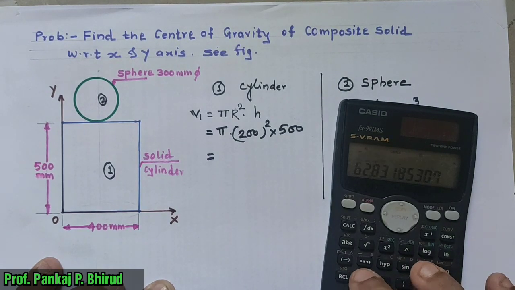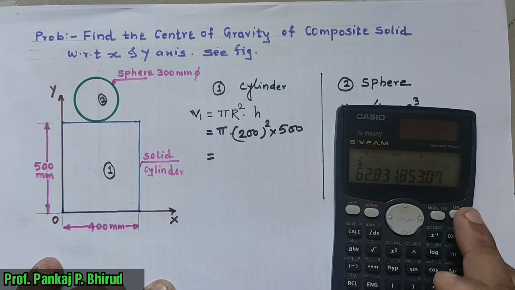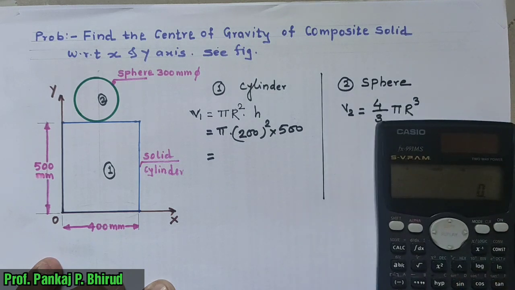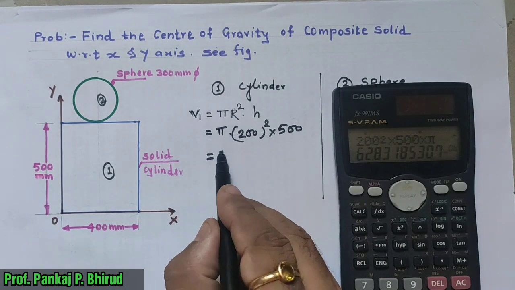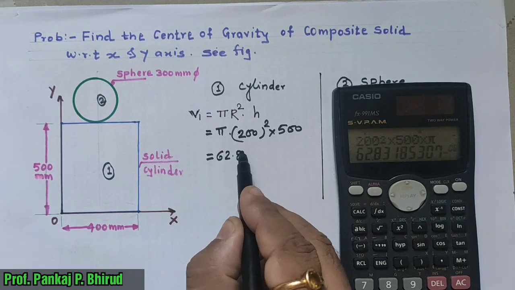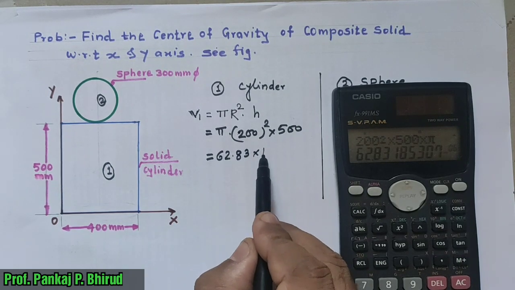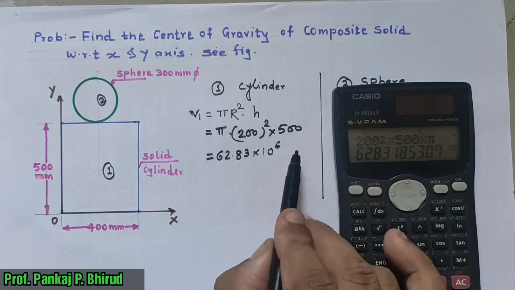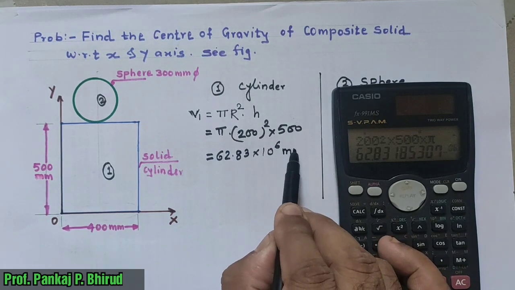So we'll get V1 equal to 62.83 into 10 raised to 6 mm cube.